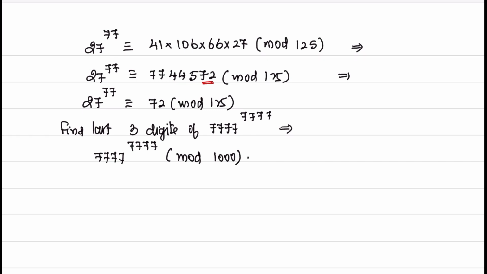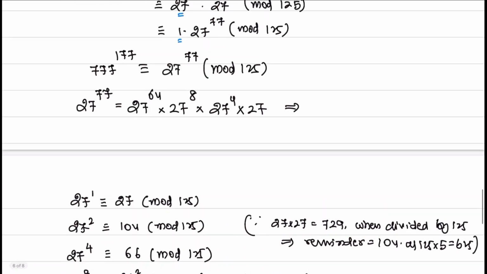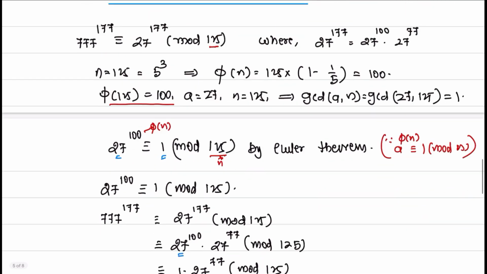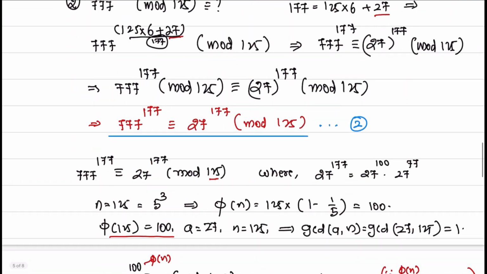For that, we have to combine the values of 72 mod 125 and the previous value, which was 1 mod 8.